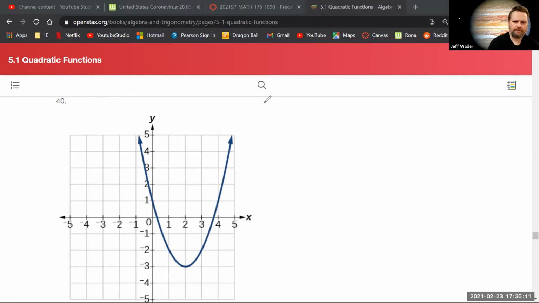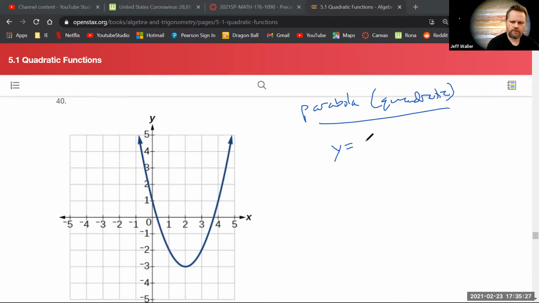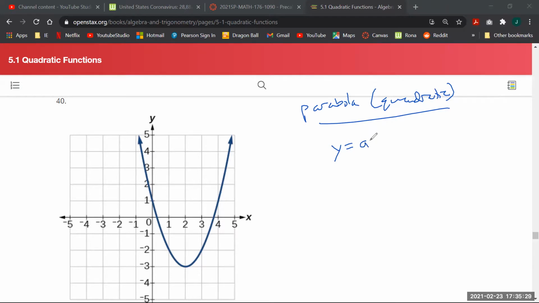How many equations for a parabola, or for a quadratic, do we know right now? How many versions of that do we know? Two, I think. Sure. Yeah, two. Do you guys remember what they are? ax squared plus bx plus c.